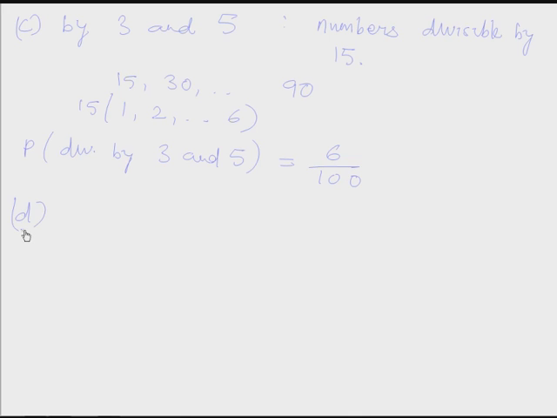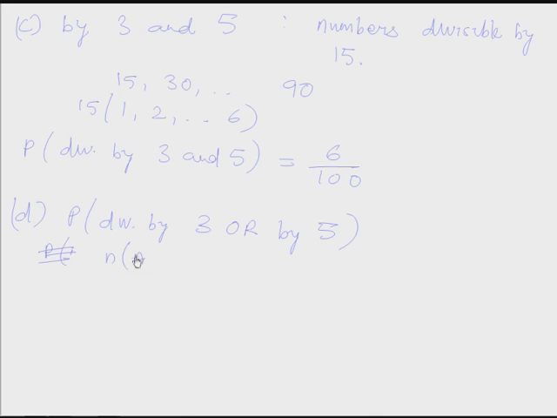And the last question. We want P(divisible by 3 or by 5). This is the union of the two sets. We want those numbers that are either divisible by 3 or by 5, so they should lie either in the first set or in the second set. Let's count them.